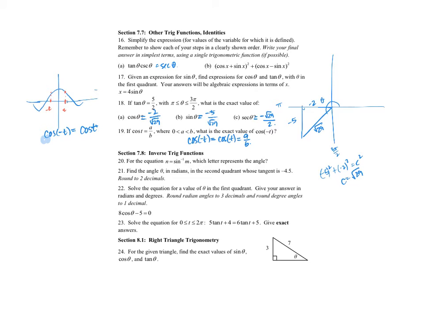Then for the inverse trig functions. For the equation n equals sine inverse of m, which letter represents the angle? And so I have to think about what sine and sine inverse do. So I know that sine takes inputs of angles and gives an output of ratios of sides of triangles.